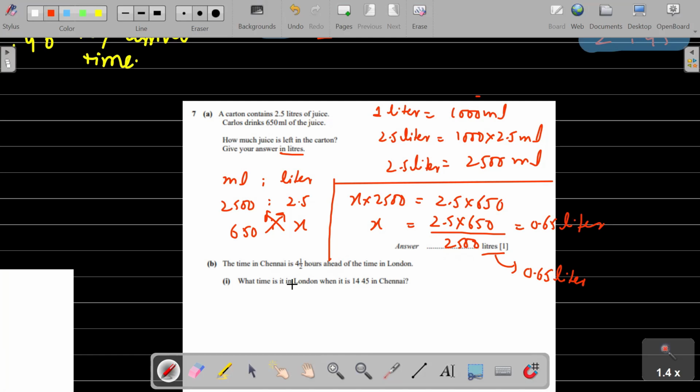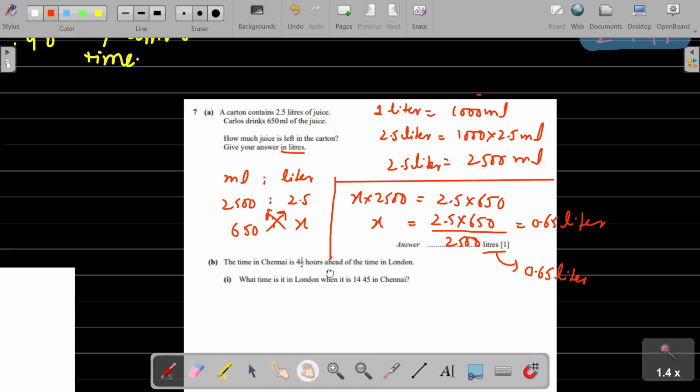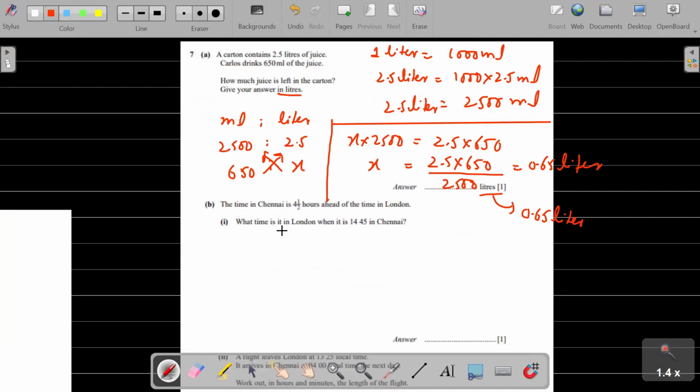The time in Chennai is 4.5 hours ahead of the time in London. What time is it in London when it is 14:45 in Chennai? Now it shows that Chennai is 4.5 hours ahead of London. So when it is 14:45 in Chennai, what will be the time in London? We need to subtract 4.5 hours.